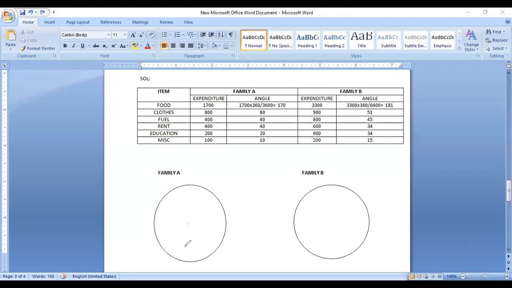So I deem it to be center. With the help of protractor we have to draw. This is the maximum component, that is food. So I put food here. F.